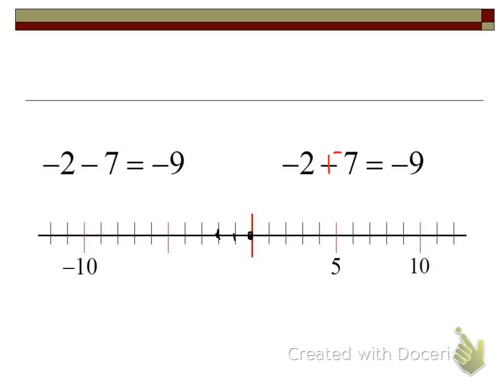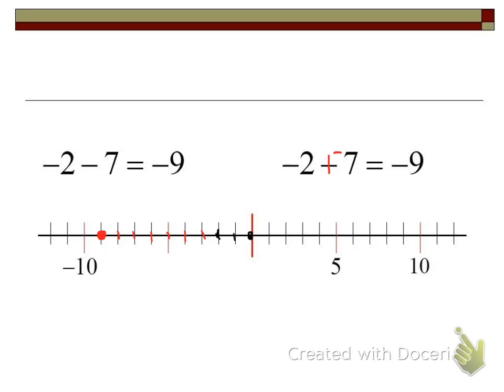And if I graph that, I go left 2, and then in both cases, I need to minus 7 after I've minus 2. So I need to continue in the left direction, 7 units, which puts me at negative 9. So again, that Rule 1 tells us that if we have one subtraction sign, we can interpret that as add the opposite, and we can change the operation to plus a negative.